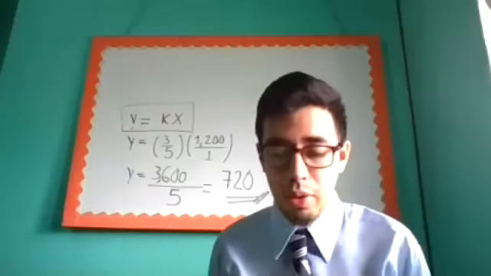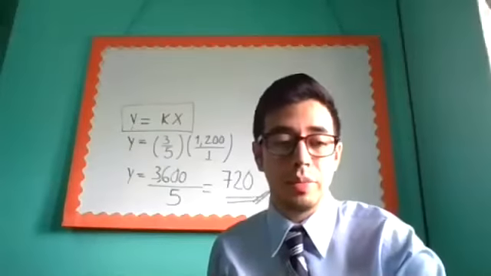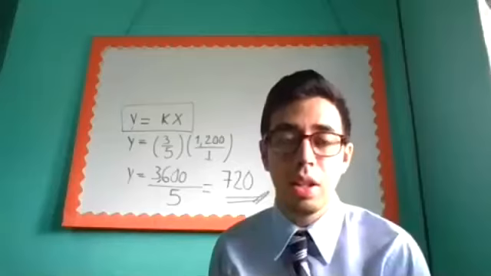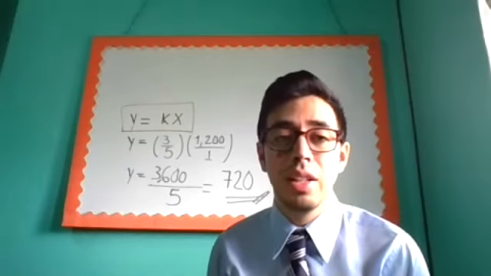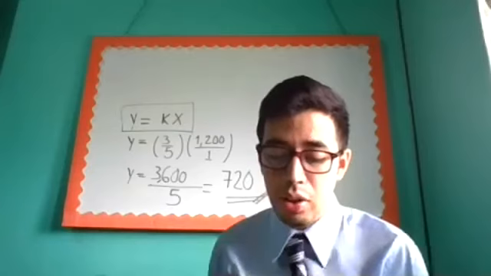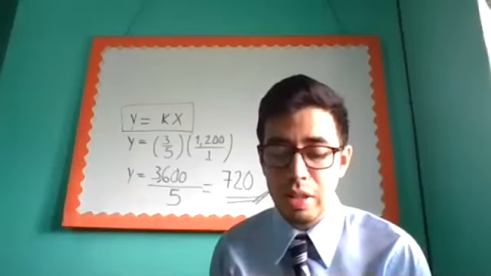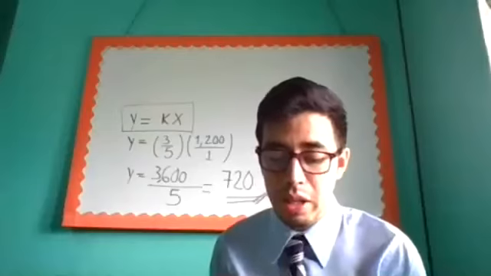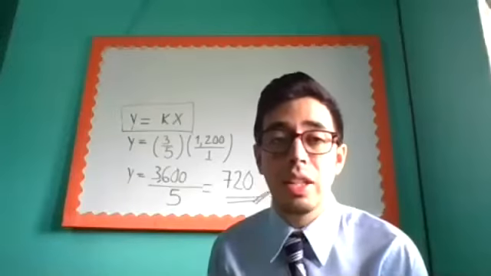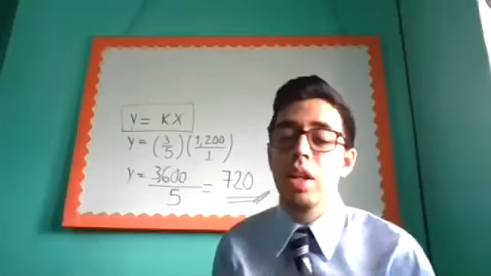Now the example 6. A half dozen cupcakes cost $15. What constant of proportionality relates the number of cupcakes with the total cost? We need to write an equation that represents this relationship.